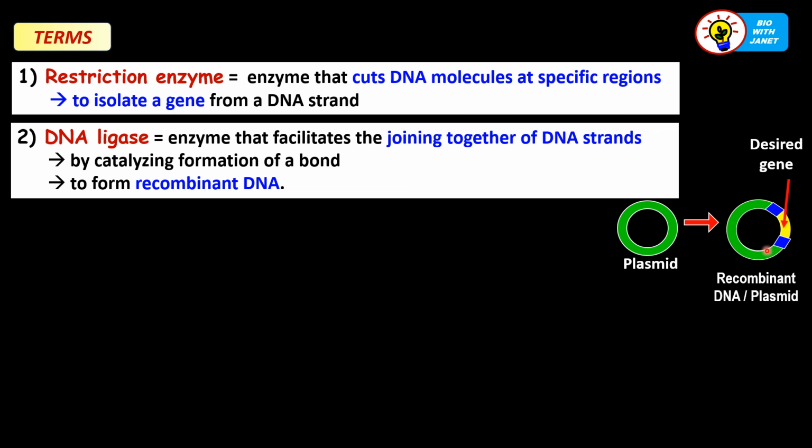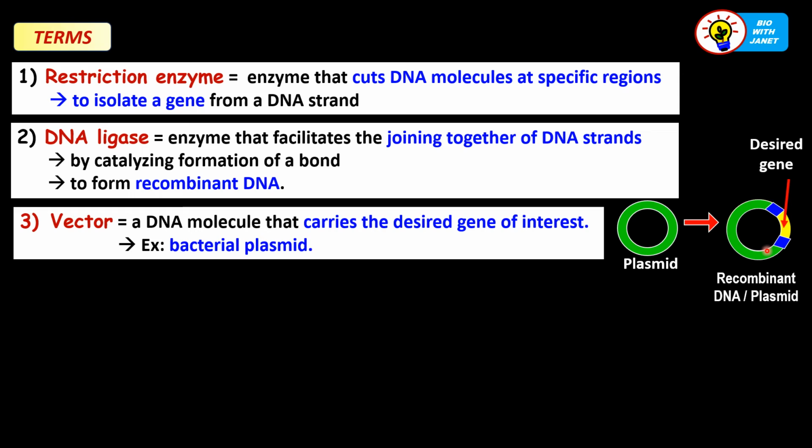It is an enzyme that facilitates the joining together of DNA strands. That means it helps to join the DNA strands from two different species, as an example, together by catalyzing the formation of a chemical bond, and it will form the recombinant DNA. It will help the scientists to form the recombinant DNA.